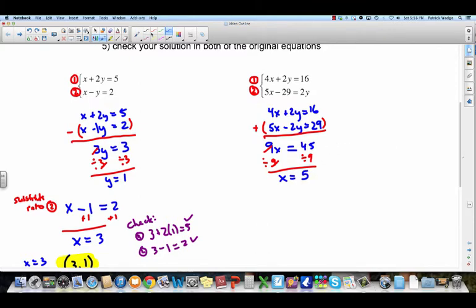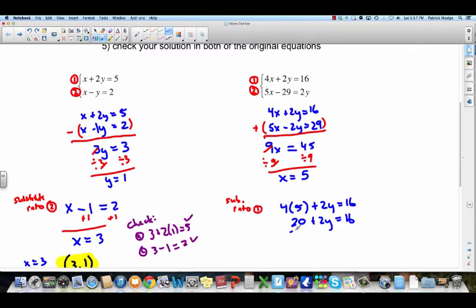Awesome. Let's substitute back into one of the originals. It doesn't make a difference which one you sub into. I'll sub into the first one, I guess. So if I sub in there, I get 4 times x, but x is 5, so 4 times 5, plus 2y equals 16, and I have to solve that. So 4 times 5 is 20, plus 2y equals 16.